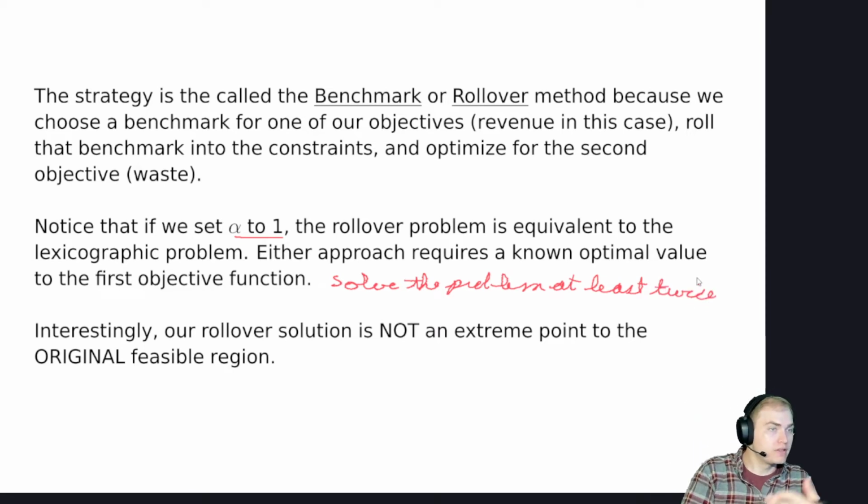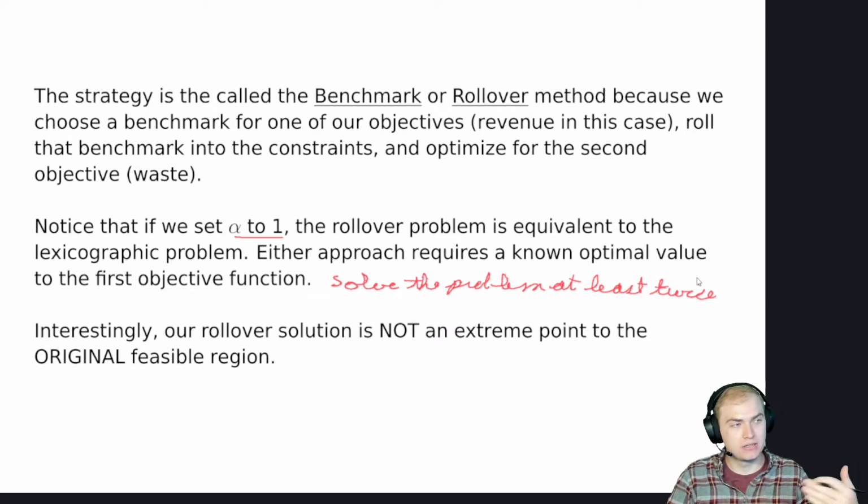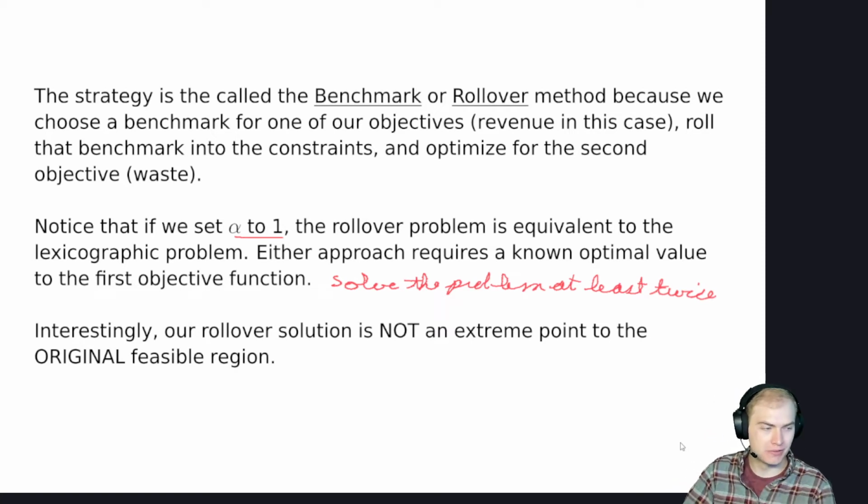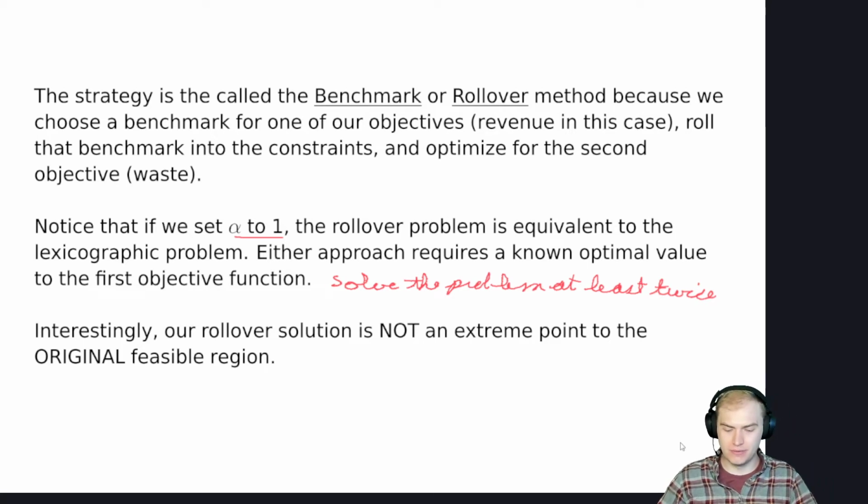Or at least once for every objective function that we roll into the constraints. This is not a big deal for a small problem like what we've just done, but if you have a large problem that takes days to solve, suddenly it might be a bigger issue.